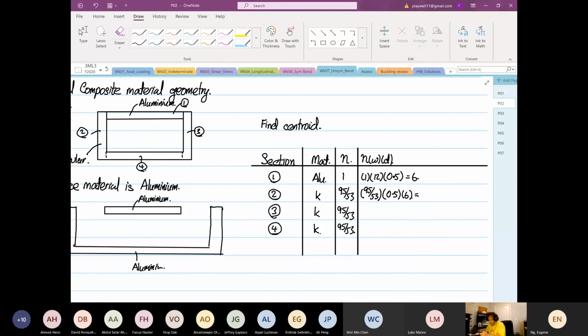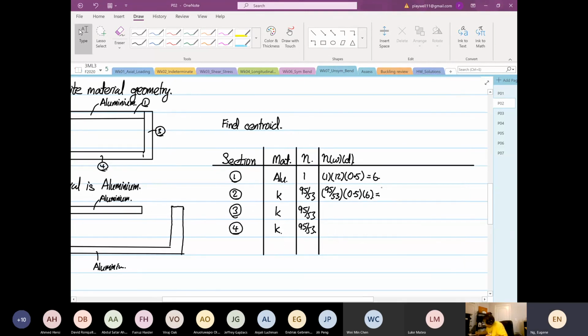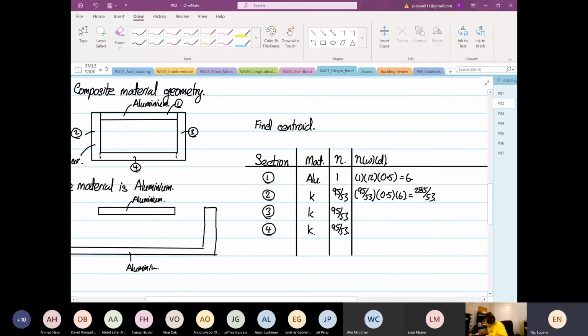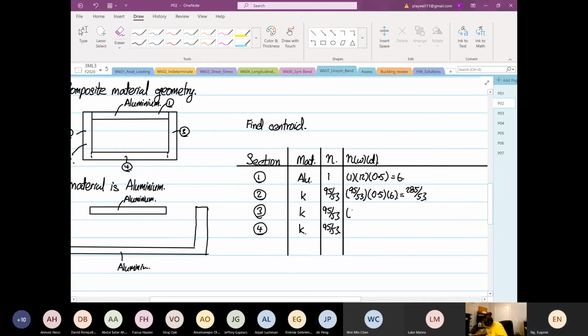So this will be equal to 95 over 53 times 0.5 times 6, which is equal to 285 over 53. So 2 and 3 are the same. And then the bottom one, 95 over 53. The width now is what? Is it 12 minus 1, equal to 11? Wait, no, it's still 12.